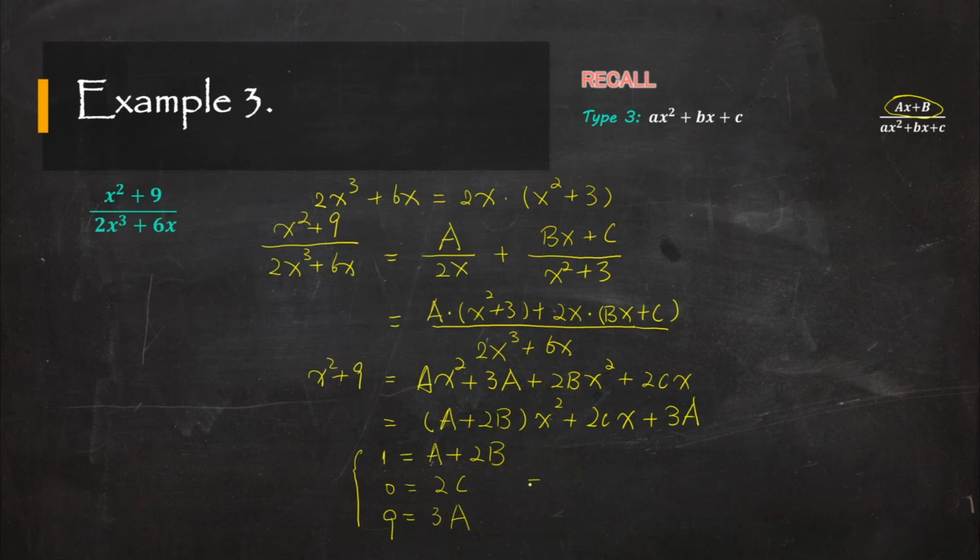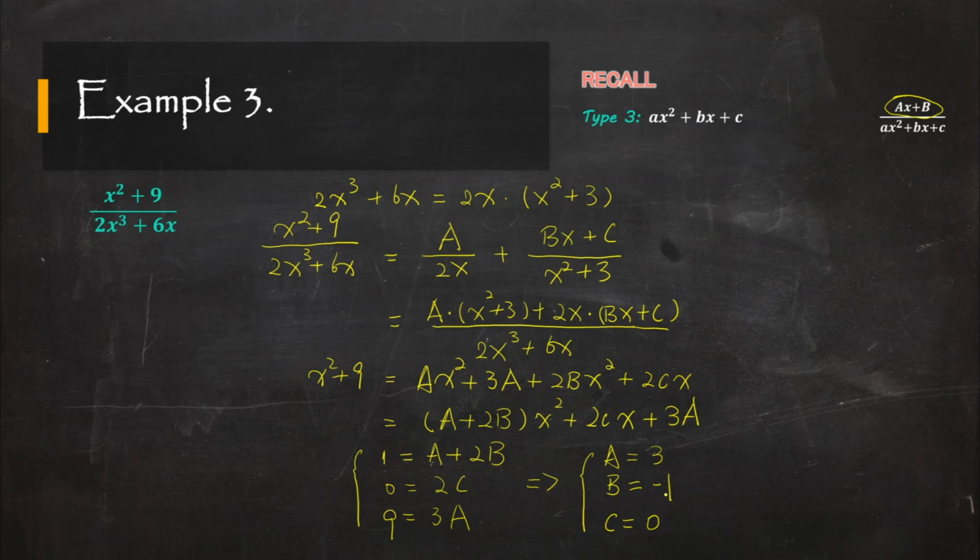So now we can solve these three equations. So the first one we can get is c equals 0. And based on the third equation, we can get a equals 3. So then we plug 3 into the first equation. We have 1 equals 3 plus 2b. So we will have the answer for b is going to be -1.